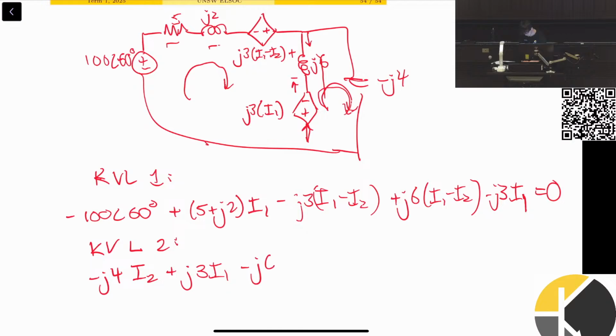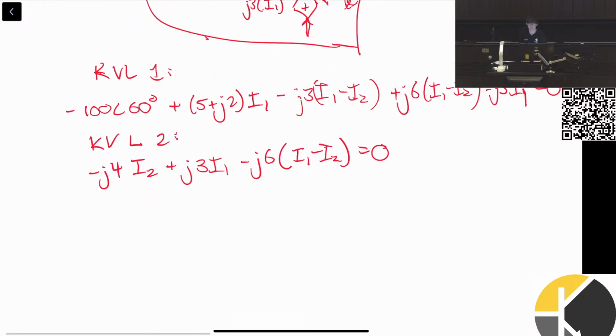So this is negative j6(I1 minus I2) equals 0. If I was to simplify this second KVL equation, I would get minus 4 plus 6, so this is plus j2 I2, and then I have 3 minus 6, so this is minus j3 I1.